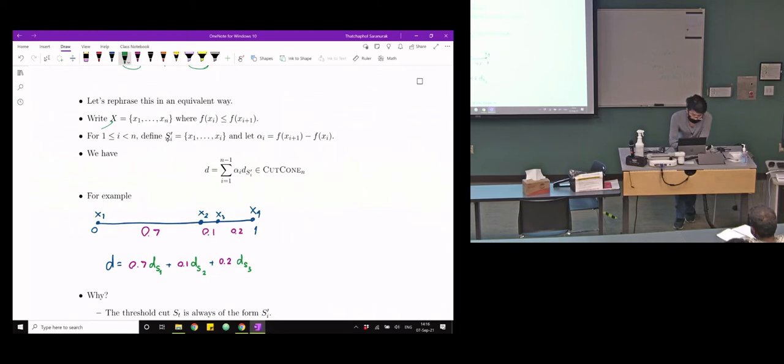Then define S prime i to be the first i points in this line within this interval, and define alpha i to be the difference between consecutive points. So alpha 1 is this and alpha 2 is this, and so on. Then what we have shown before is the same thing as saying that D is this, right?